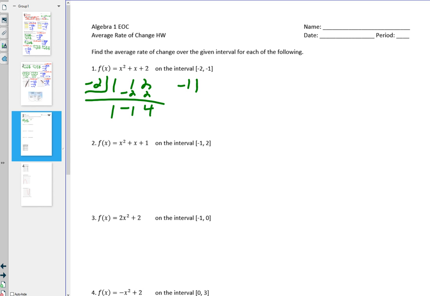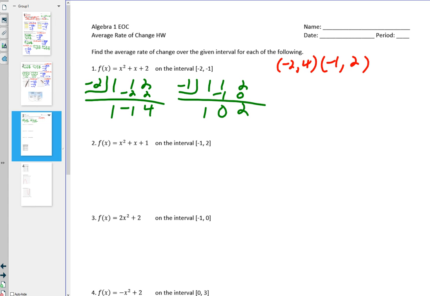Then -1 into 1, 1, 2: 1, -1, 0, 0, 2. So my 2 points are -2, 4, and -1, 4. Slope is 4 minus 2 over negative 2 plus 1, 2 over negative 1. You said negative 2? No, you said negative 4, right? Yeah, I got it wrong.